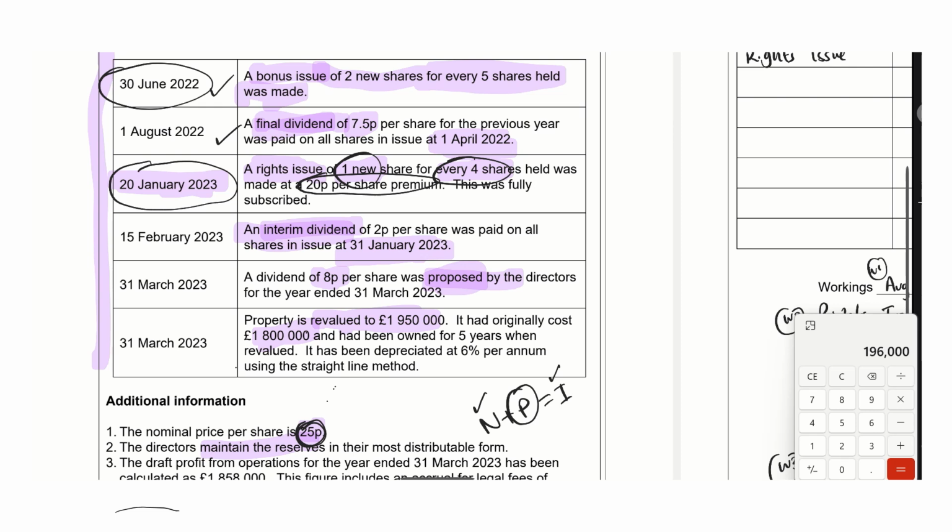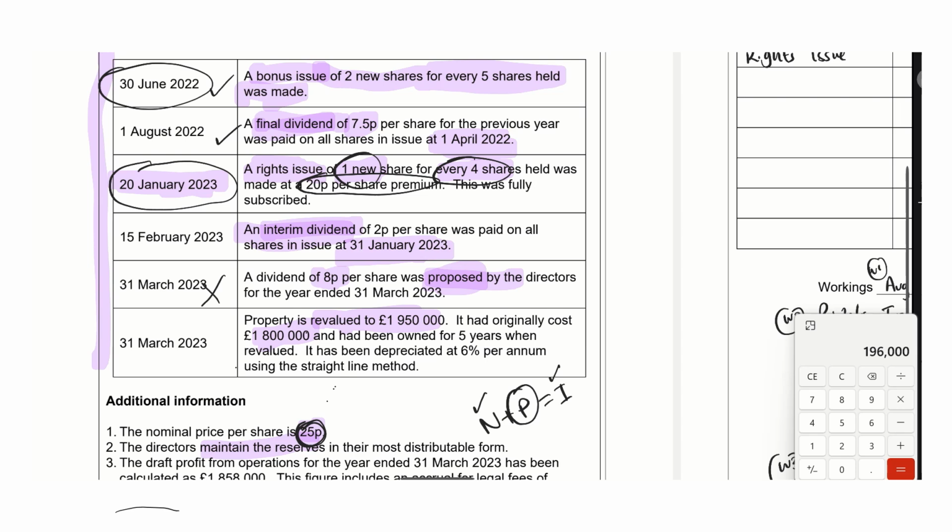And because it's proposed and not paid, we do not include this. Because in the statement of change in equity, we are only looking at the paid dividend, not what's being proposed, not what's going to happen next year. Because the proposal might get rejected, so we don't know. So we are not going to do anything with that. So this is very much a red herring. We don't do anything with that adjustment at all.